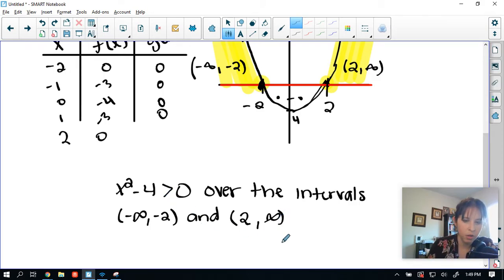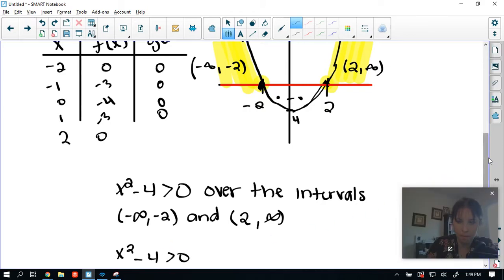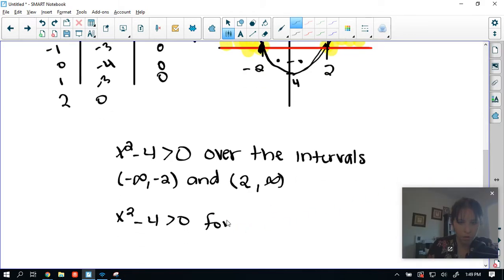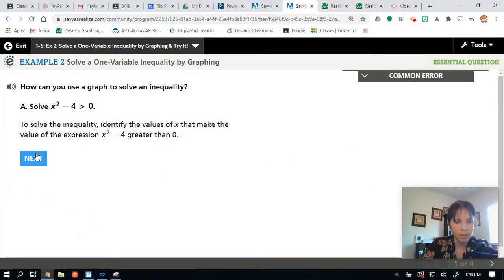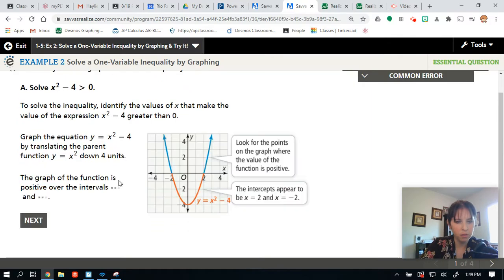Or you could also say x squared minus 4 is greater than 0 for x less than negative 2 and x greater than 2. And that's what they do here.